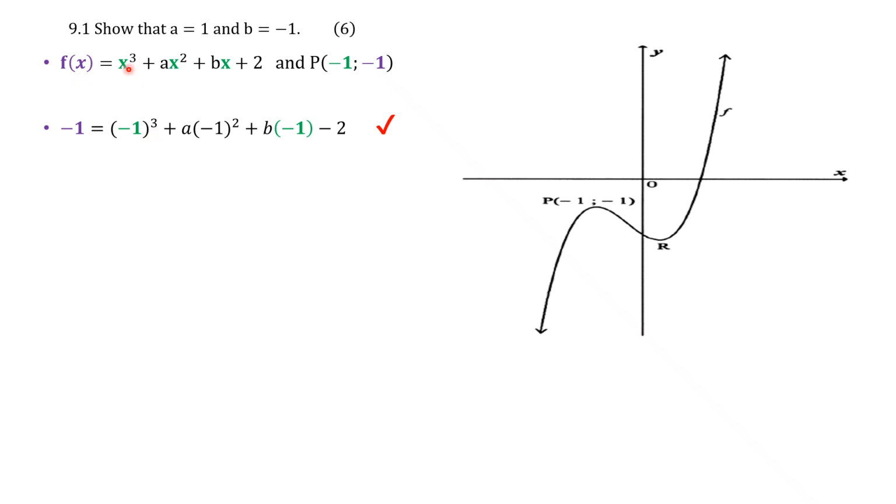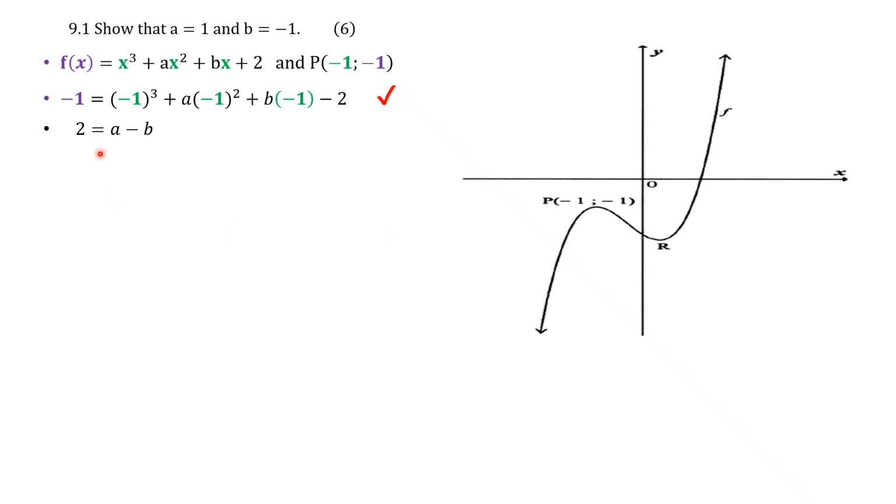Right, so there I have minus 1 cubed plus minus 1 squared times a plus b times minus 1 plus 2 equal minus 1. If I simplify, that minus 1, if it goes over, would become plus 1, so that's 0. So this plus 2, when it goes over, would be minus 2, so I have minus 2 equal a minus b.